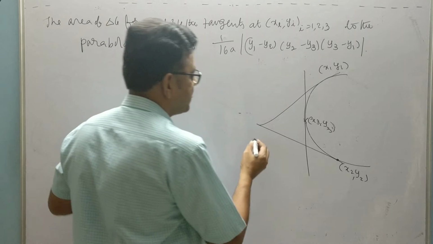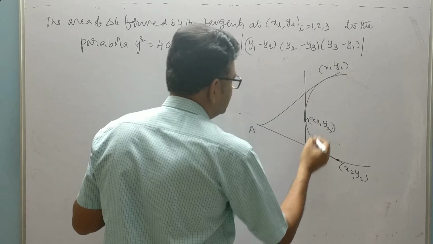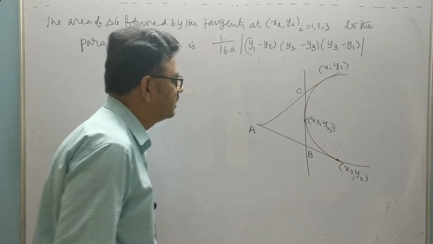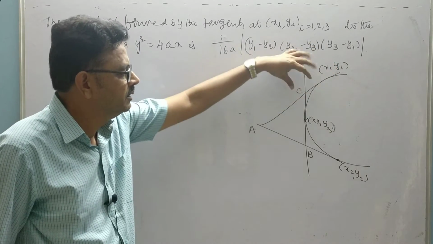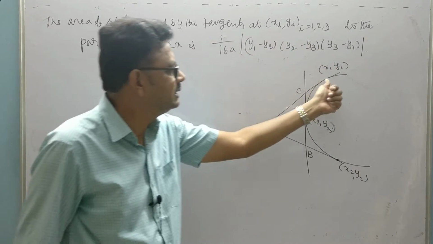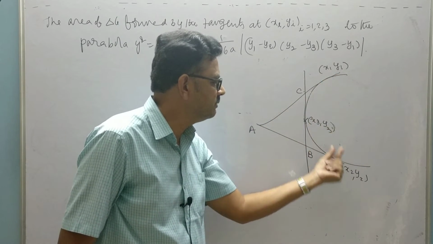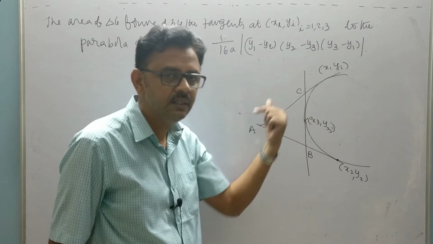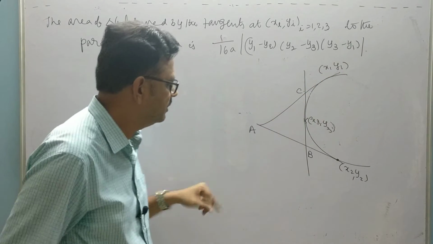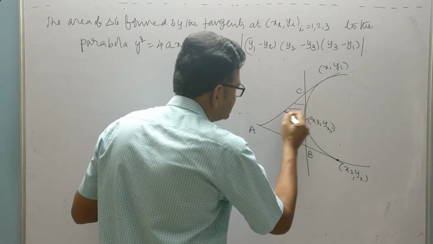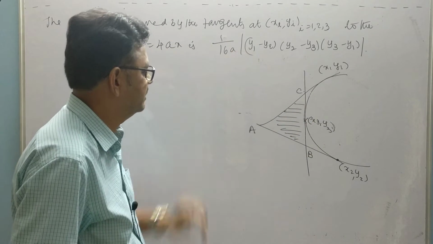Now this point is A, this point is B and this point is C. The previous one is the area of the triangle inscribed in the parabola, with vertices x1 y1, x2 y2, x3 y3. Here the problem is the triangle formed by the tangents at the points. Means you have to show that the area of this triangle formed by the tangents is this one.